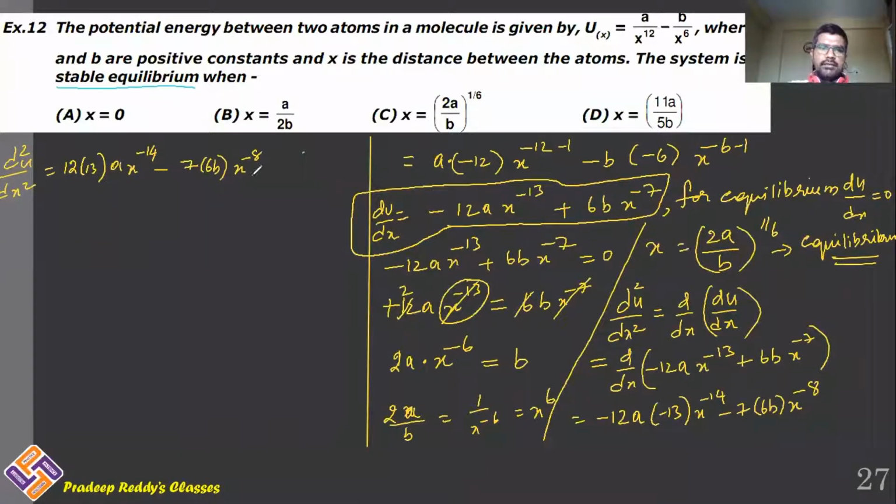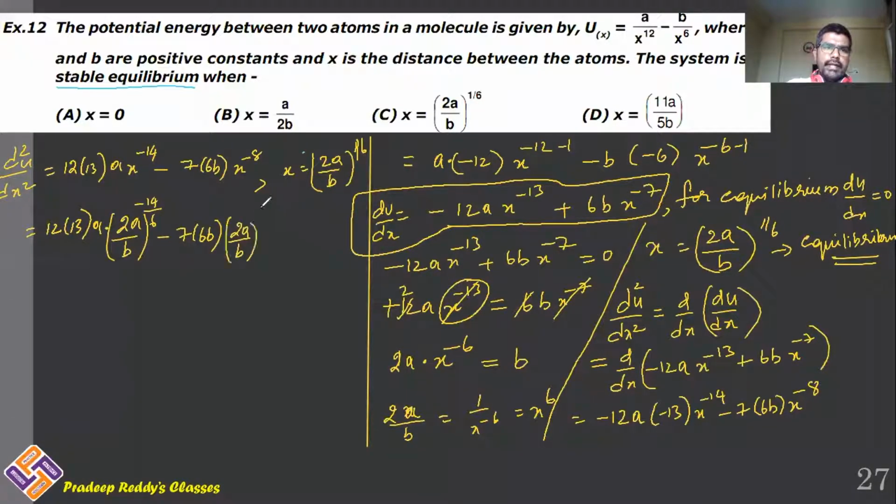We have got x is equal to 2a by b whole power 1 by 6. Now just substitute that here. This is 12 into 13 into a, instead of x, 2a by b whole power minus 14 divided by 6, minus 7 into 6b, 2a by b into 8 by 6. Now this gives you 12 into 13a, and this is 2a by b whole power.